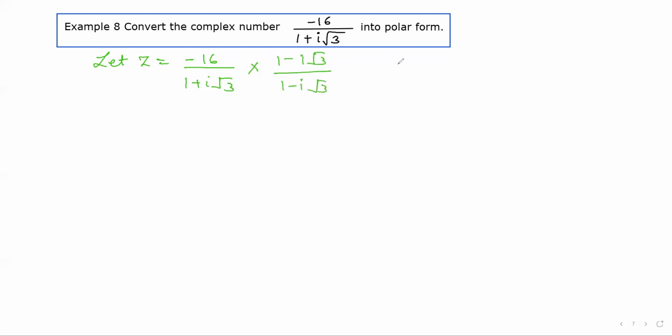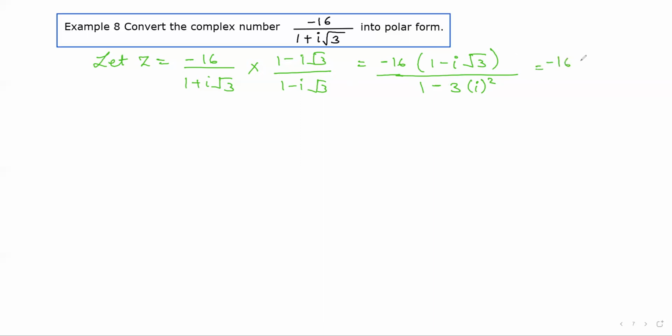You can multiply this. You have minus 16 into 1 minus i root 3 upon a square minus b square, that is 1 minus 3 into i square. i square is minus 1, so the denominator will be equal to 4.